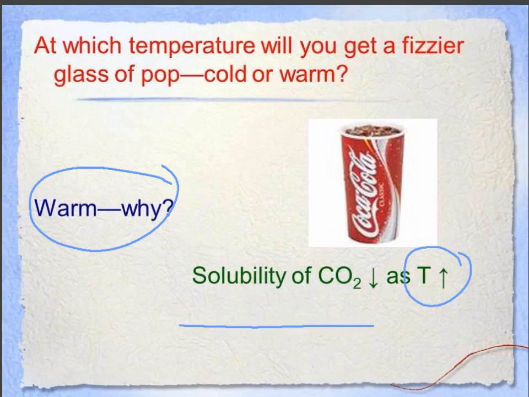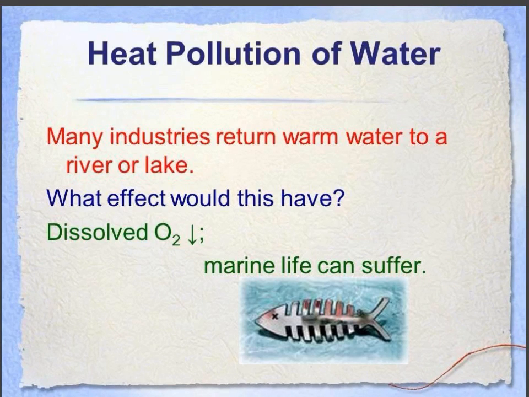Kaya nga, ang solubility sa carbon dioxide, ganubo na sa dayon. Next, heat pollution in water. Many industries tend to return warm water to lakes or rivers. What effect would this have?